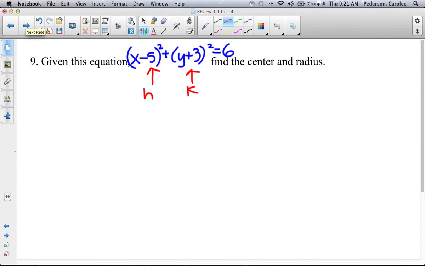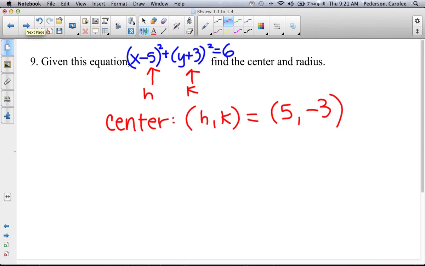Be careful. I always say think opposite. So for the center, h and k, opposite. So x minus 5, and then that other one should be y minus k, so that would be a -3. Why do you subtract? It's always opposite. Because really that should be written as x minus 5 all squared plus y minus -3 all squared equals 6.